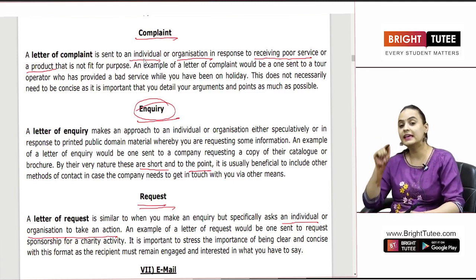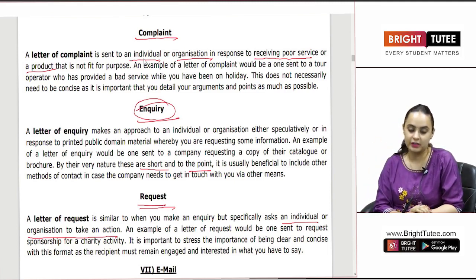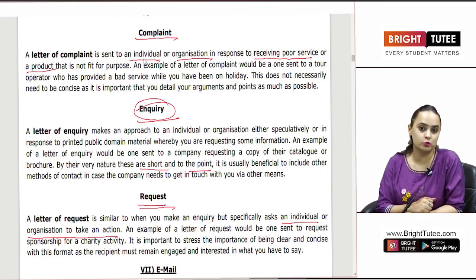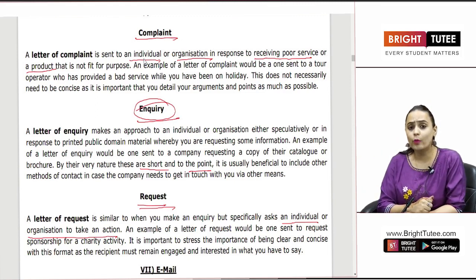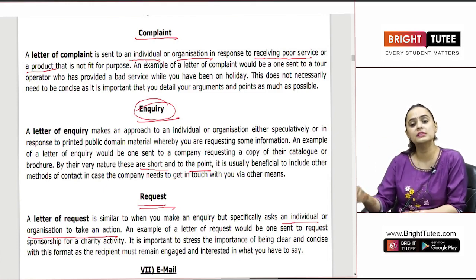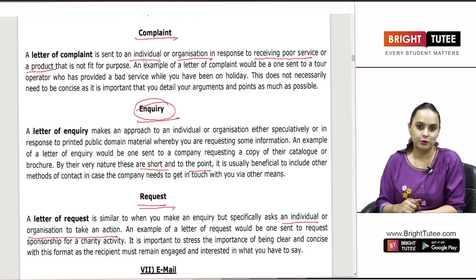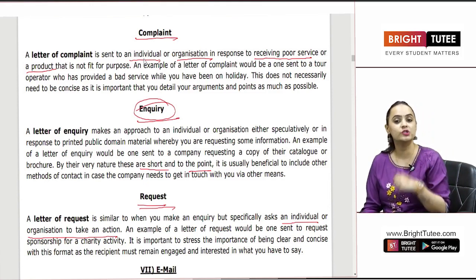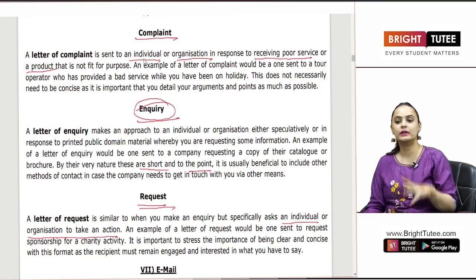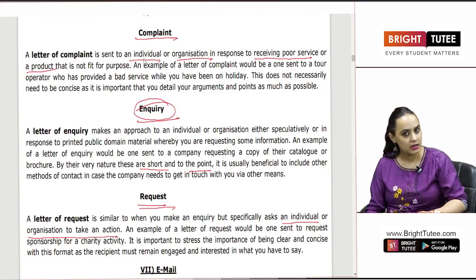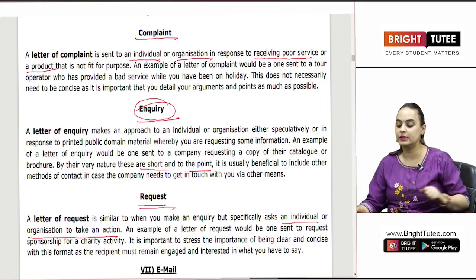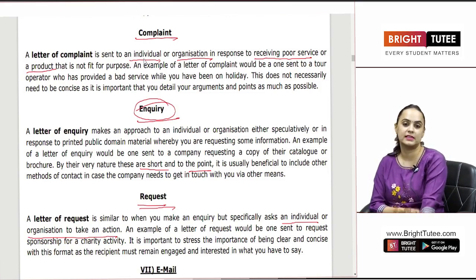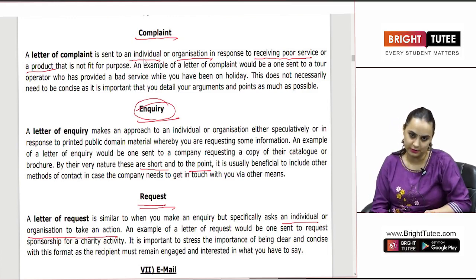When you are asking someone to do something for you, it is important to mention such points that will make the other person willing to help you. Nobody would want to help you unless that person is convinced that you genuinely need their help, that you genuinely need them to do what you have asked for. And that is why we need to write request letters very tactfully.